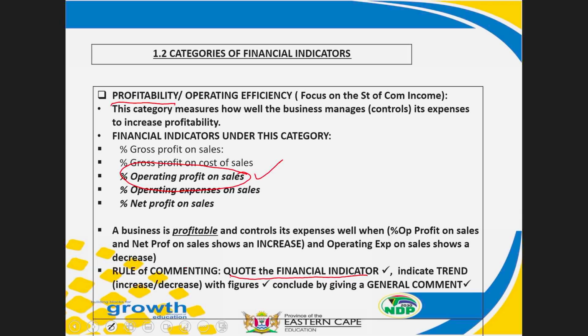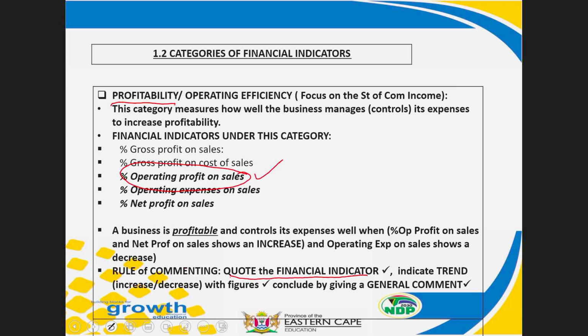You quote the financial indicator when commenting, you indicate the trend, increase or decrease, then you support that trend by mentioning the figures. Please make sure, learners, that you quote the figures as they appear in the question paper. And one thing that I love about analysis and interpretation of financial statements, all the answers are in your question paper. That is the only topic where you are given the answers in your question paper.